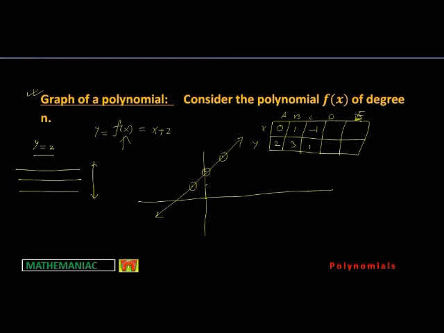Suppose y equal to 2, it will have a distance for y equal to 2 always, no matter what x you consider. So your graph, sorry, this is not correct. This will be parallel to the x-axis like this. Say y equal to -2, then it will come like this. Next, a linear polynomial will always be a straight line intersecting the x-axis at one point. That means it will be either like this or like this.